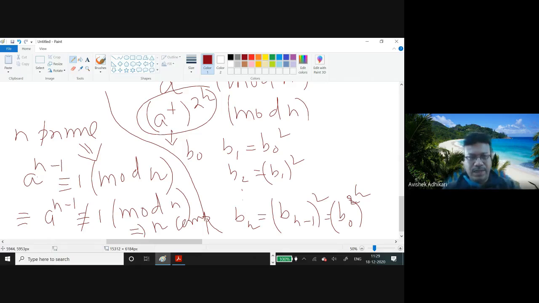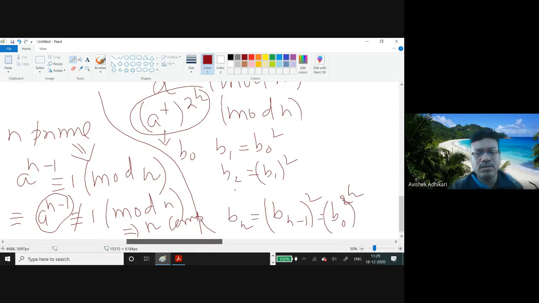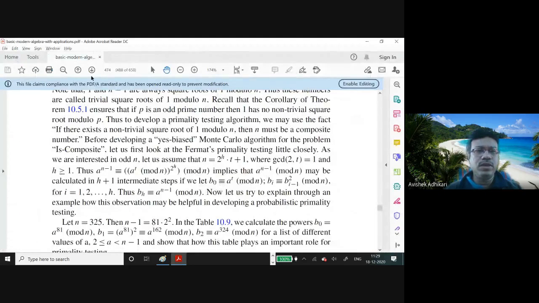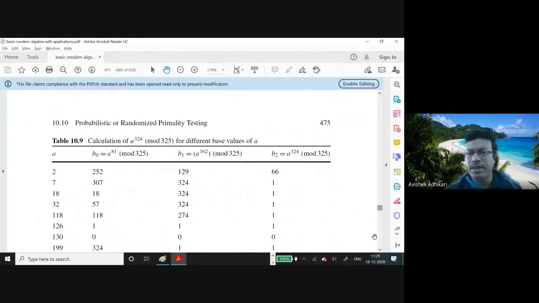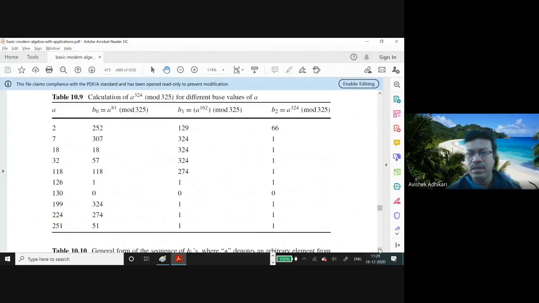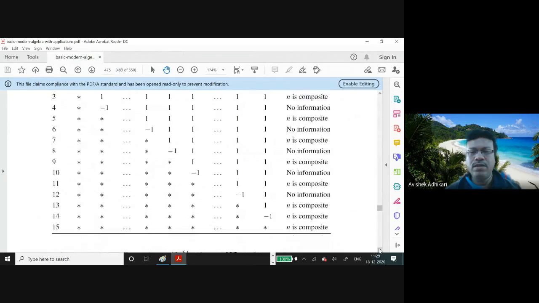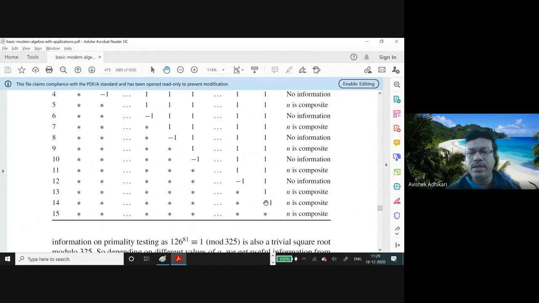So that is the idea. If a to the power n minus 1 modulo n is not equal to 1, then your conclusion is n is composite. So when we go here, if at the end we have anything other than 1, your conclusion is n has to be composite. Now is it clear to all of you?